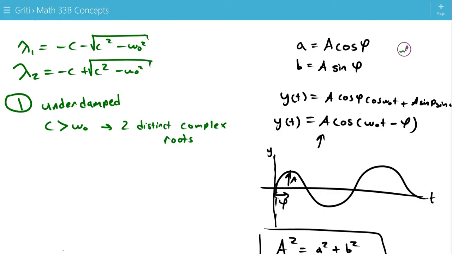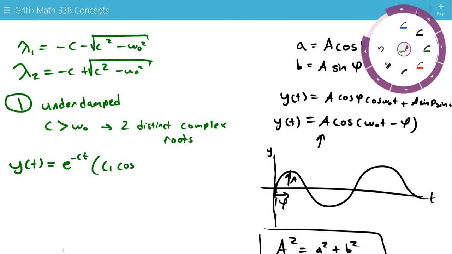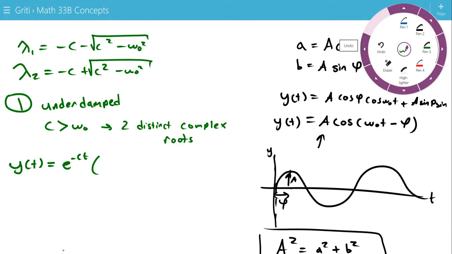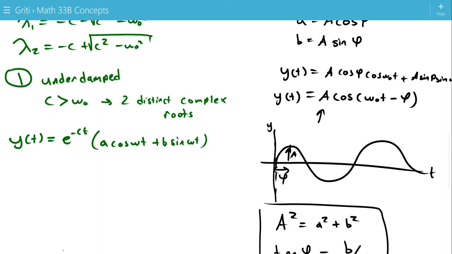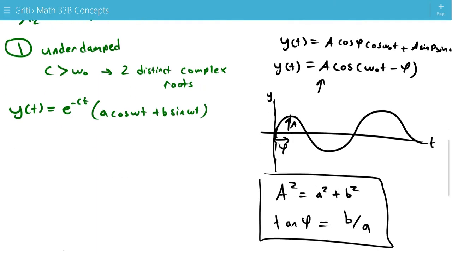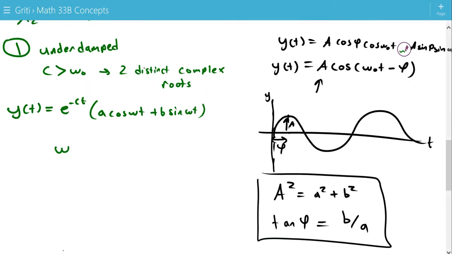and the solution looks like this: y of t equals e to the negative ct times a cosine omega t plus b sine omega t. So omega is the new frequency of these oscillations, and it's going to equal the square root of omega naught squared minus c squared.